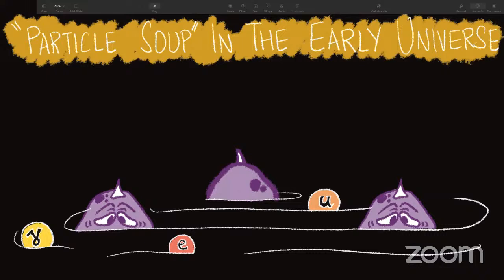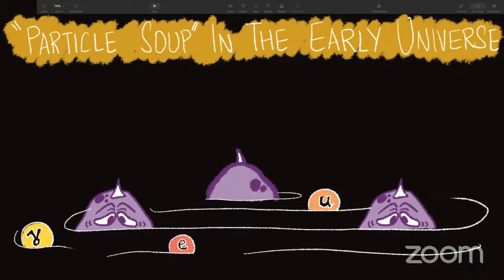And if dark matter is also interacting with a weak force, it's interacting at the same scale as these particles are interacting with each other. So it's also a part of that plasma. So you start off with a universe that is full of all of these dark particles, all of these standard model particles. And now we need to get to a place where the universe is 80% dark matter and 20% standard model particles.